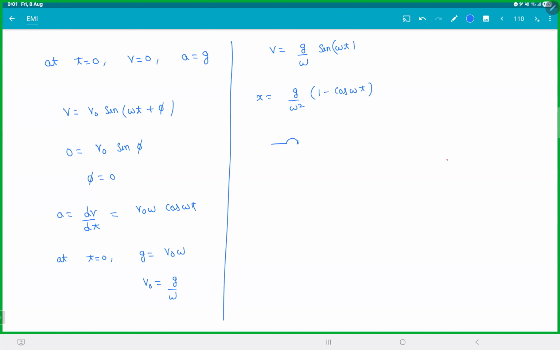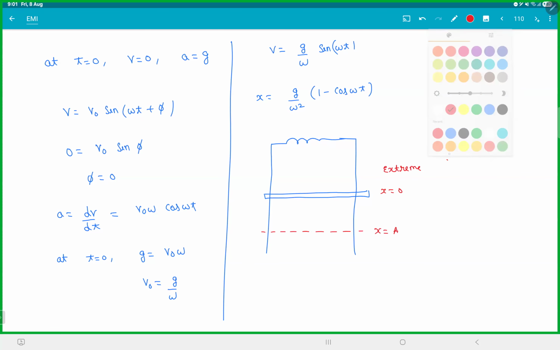If you actually look at this motion, tell me one thing. During SHM, at which point do you have zero velocity? Extreme position. So x equal to 0 is actually your extreme position. You're leaving the particle from extreme. Then it will go somewhere here, x is equal to a.